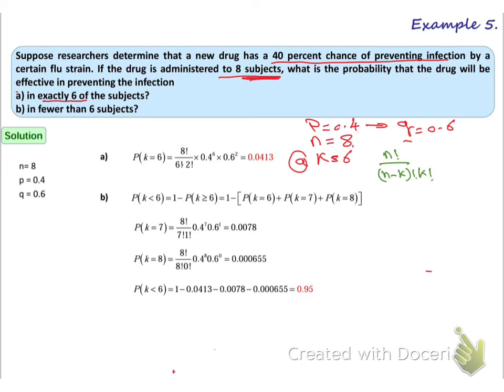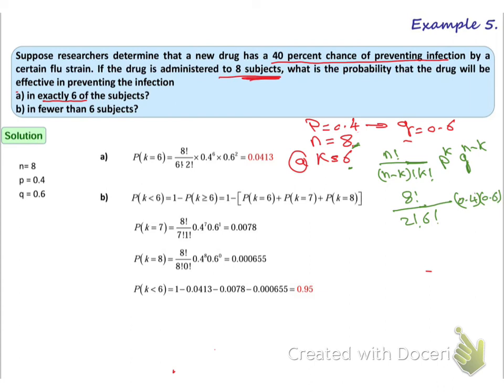K factorial, p to the power k, q to the power n minus k. Let us substitute here. So n equals 8, factorial divided by n minus k, which is 2 factorial, and k equals 6 factorial. p equals 0.4 and q equals 0.6.